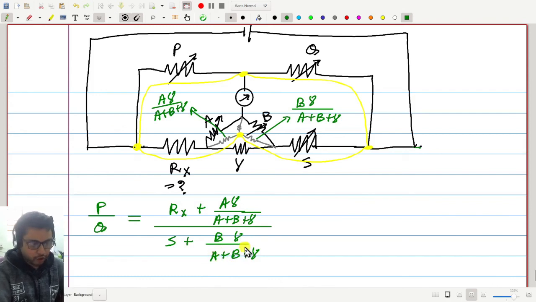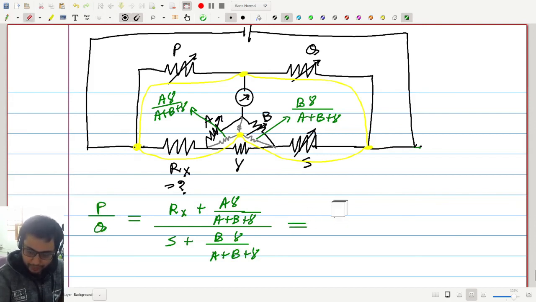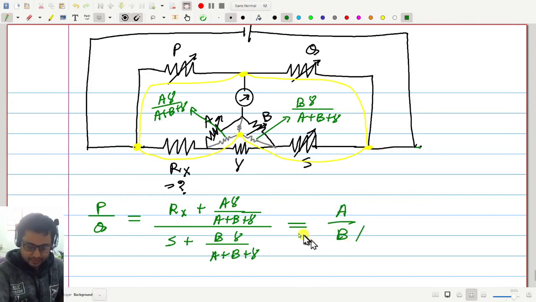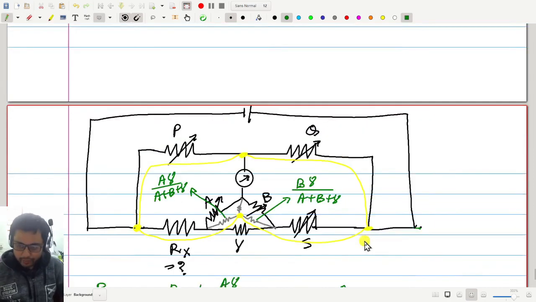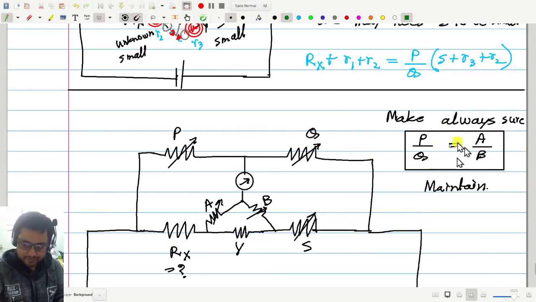Okay, this is just from the Wheatstone bridge principle. But also, since we are maintaining P by Q equal to A by B, I can write this. This is coming from the Wheatstone bridge principle, and this is coming from what we have done.